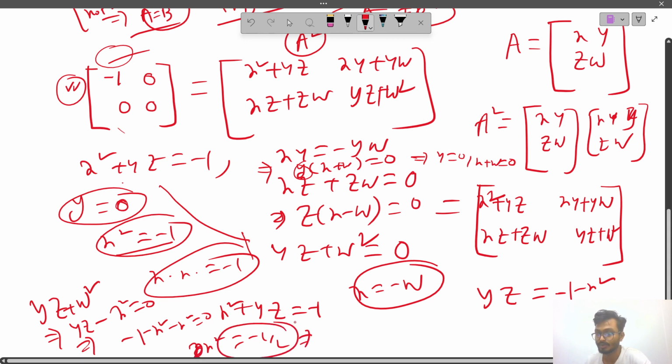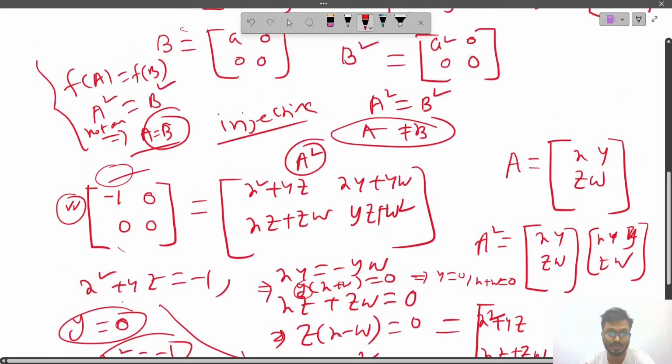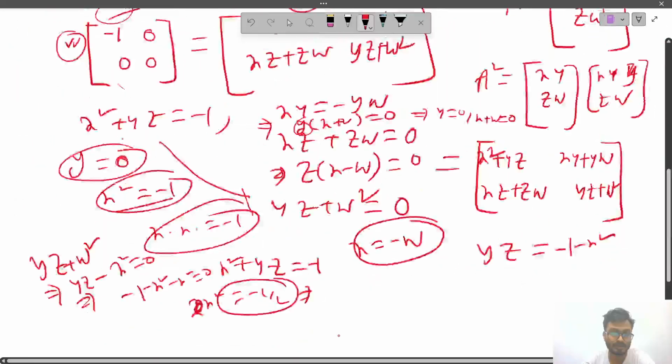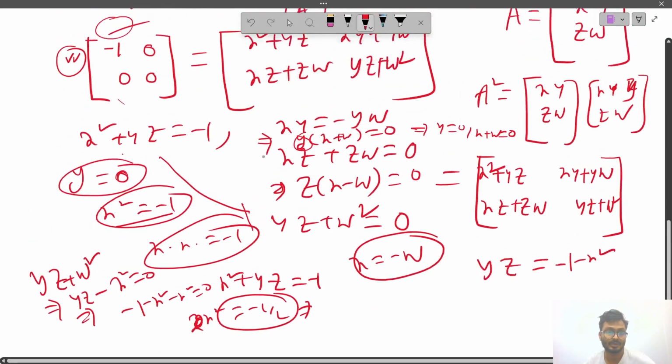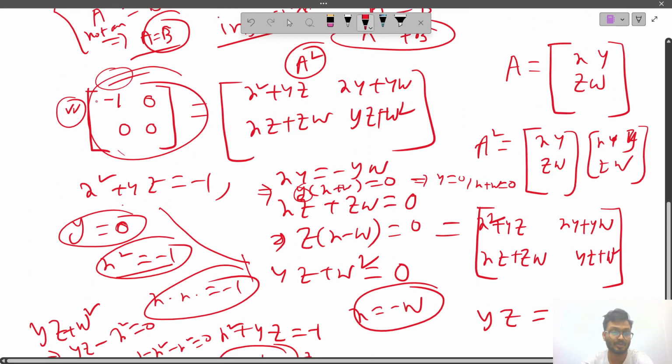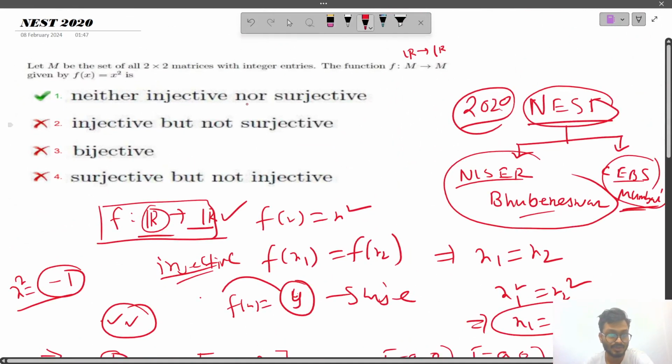So this is also not possible. So for all the cases we see that this matrix does not have any pre-image, so that means this is not surjective.